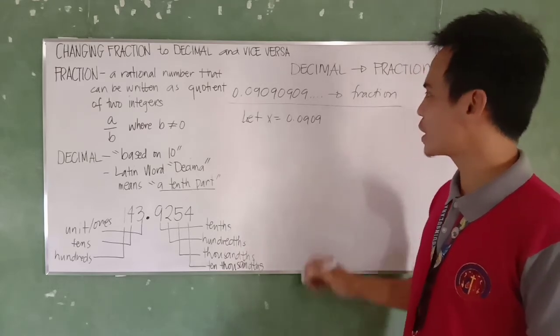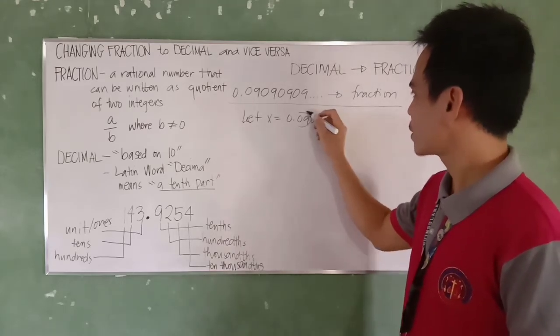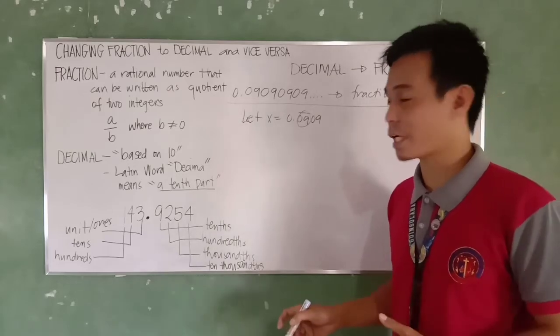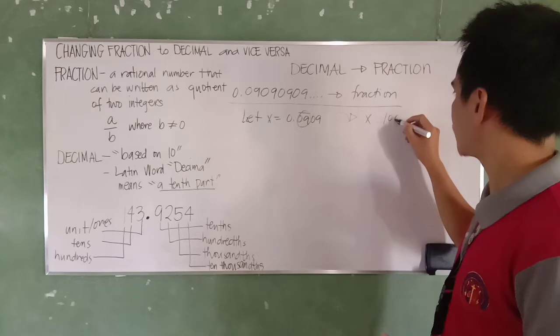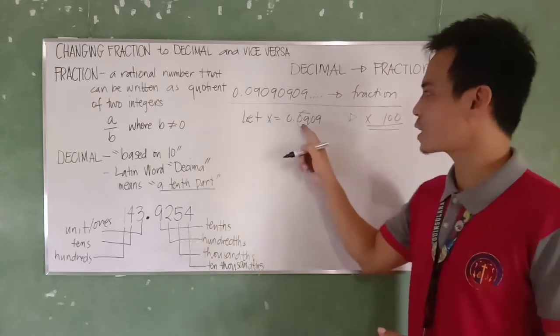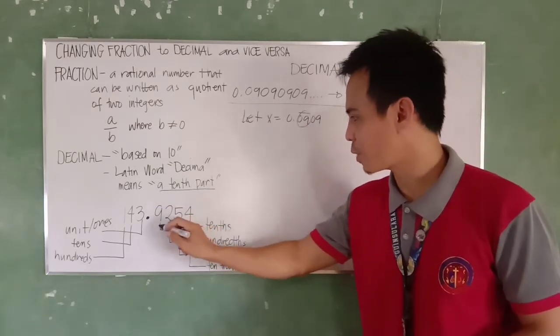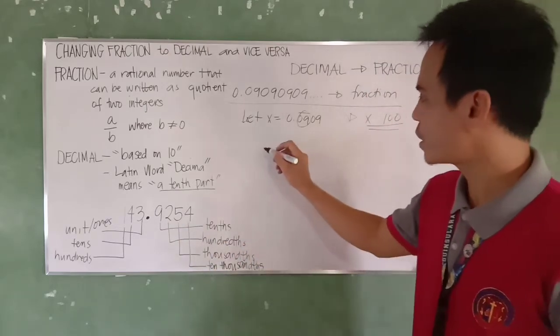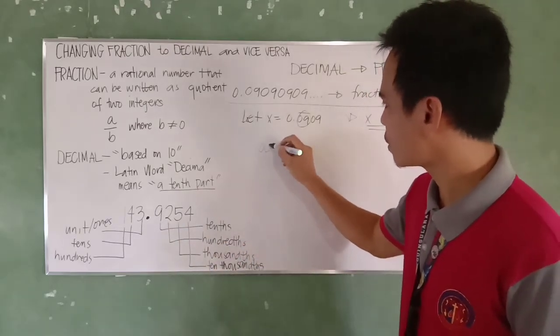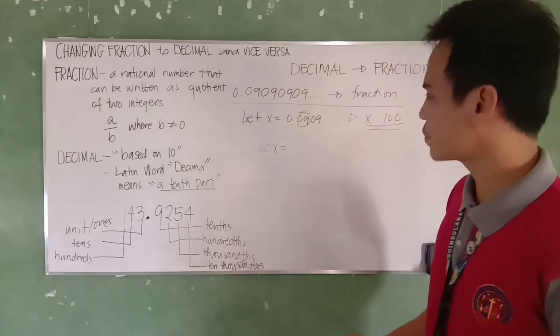Ilang numbers yung umuulit yan, guys? 2. So, 2, right? So, therefore, we multiply this by 100. Multiply natin ng 100. Bakit? Dalawang place value meron siya. That is hundreds. Okay?